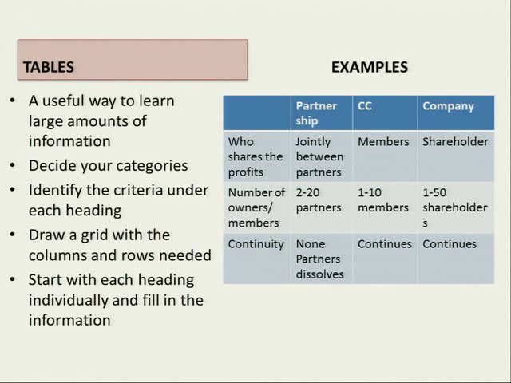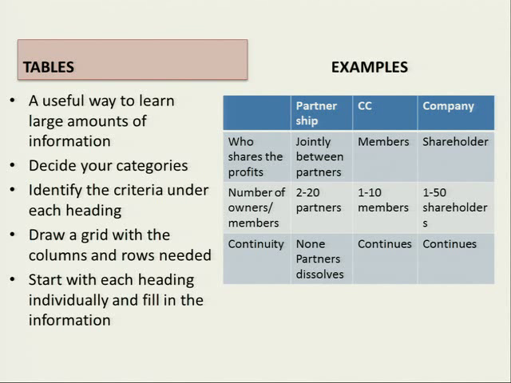Another useful method to study large amounts of information is tables. Especially with content, for example, like the forms of ownerships that can be directly compared with one another. Decide your categories. If you look at the example, the categories are partnerships, close corporations, and company.